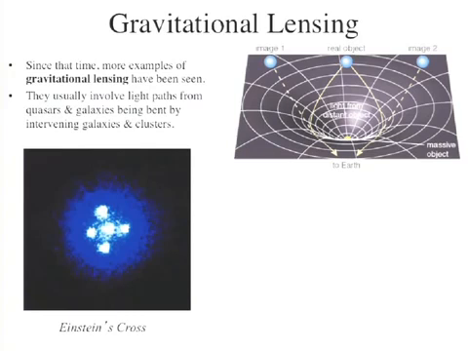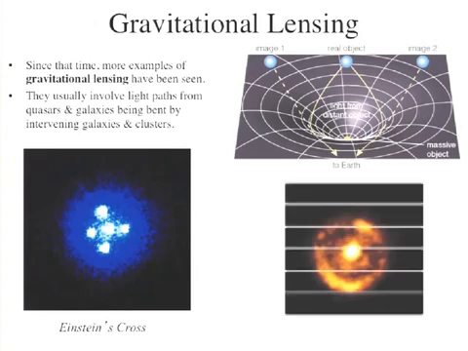This is 4 images of 1 quasar. In order to make this work, a galaxy out in space is bending the light, and right behind it, very far behind it, but exactly on the path, there's a quasar which puts out light that gets bent. So this is what happens if you have an object there.